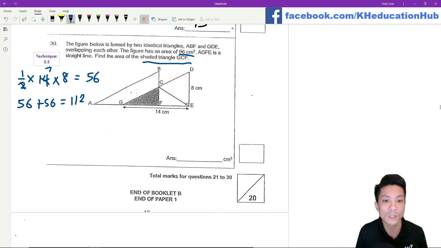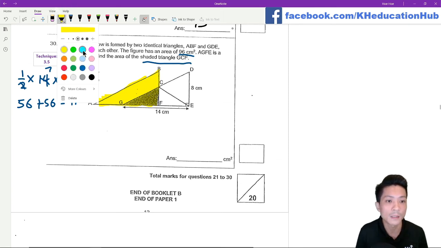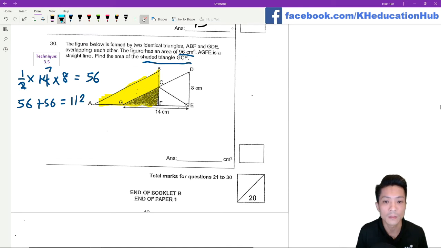Okay, 112 is the area of this triangle over here, plus the area of this triangle over here.